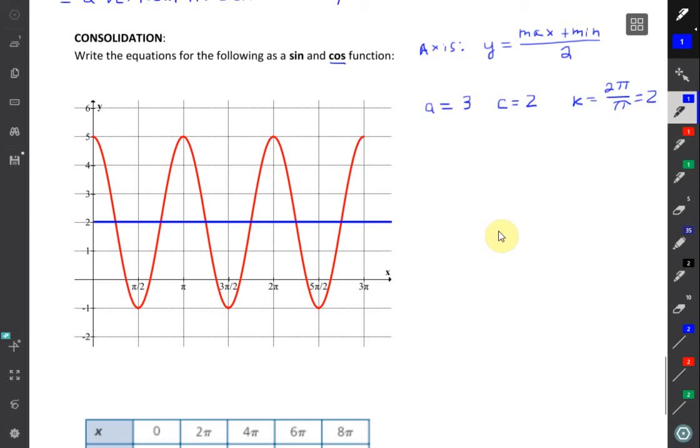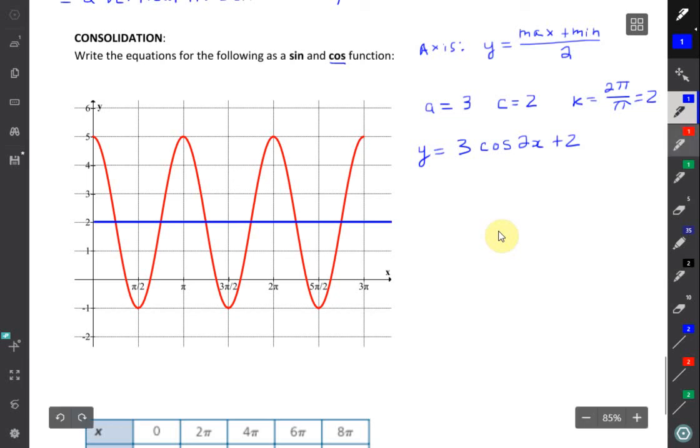Now I can write my cosine function y equals, amplitude is 3, cos, and the k value is 2, so 2x, and a vertical translation of plus 2. So there's my equation written in terms of cos.